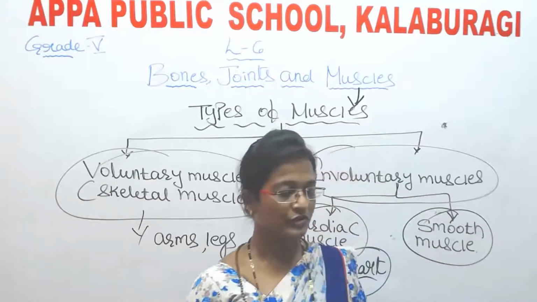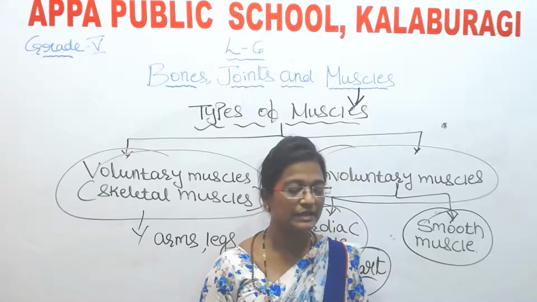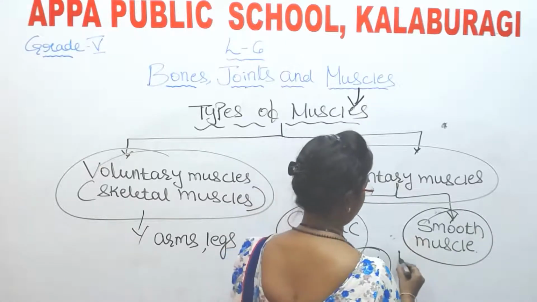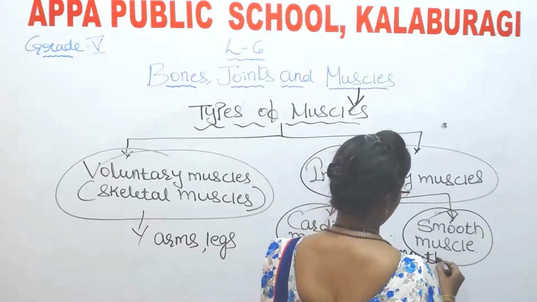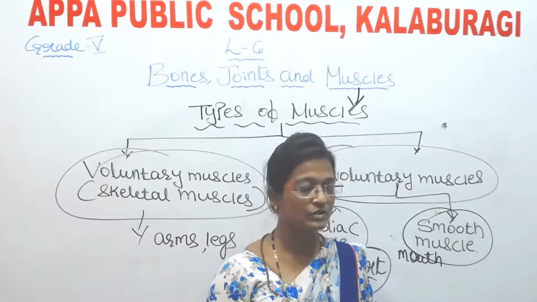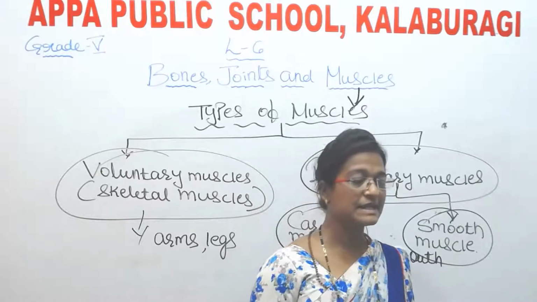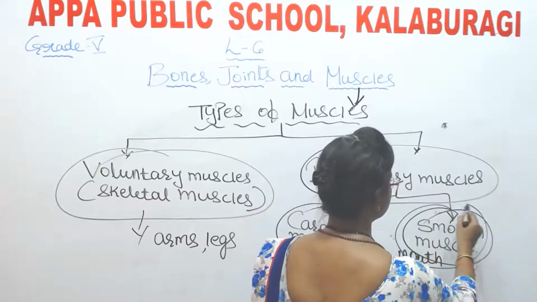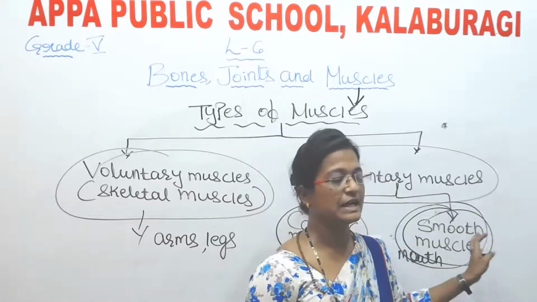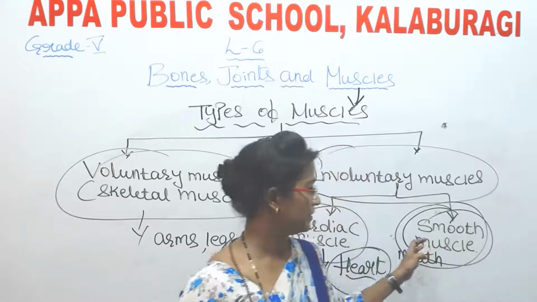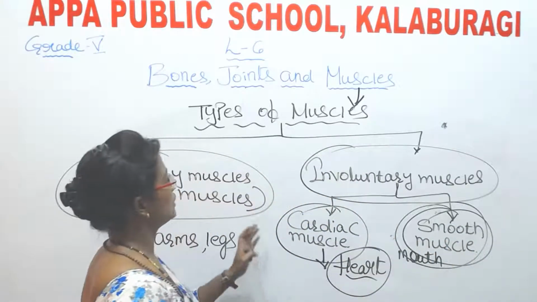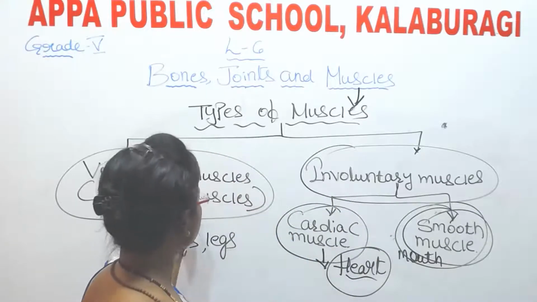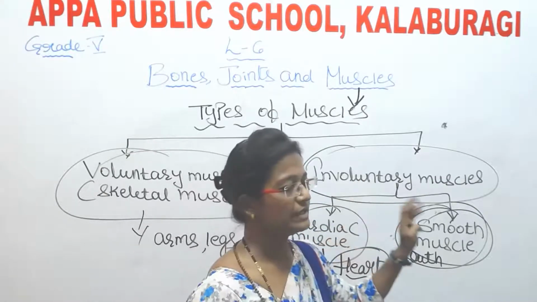They are found in internal organs such as the mouth, stomach, intestine, and even the lungs. So this is all about the types of muscles: voluntary or skeletal muscles and involuntary muscles.